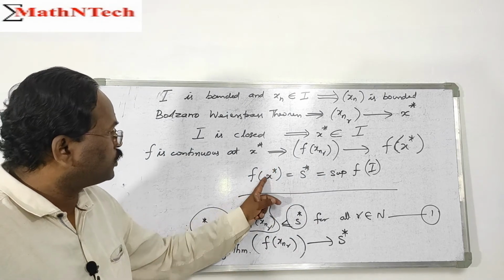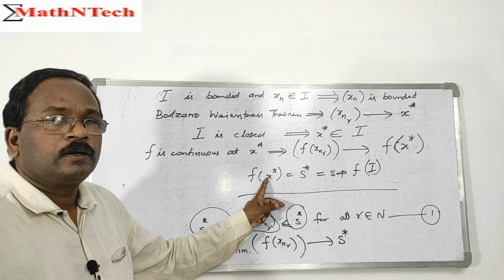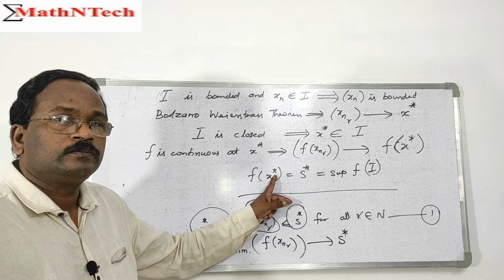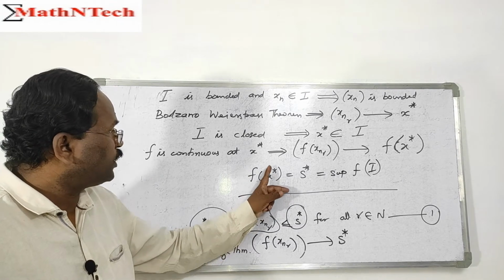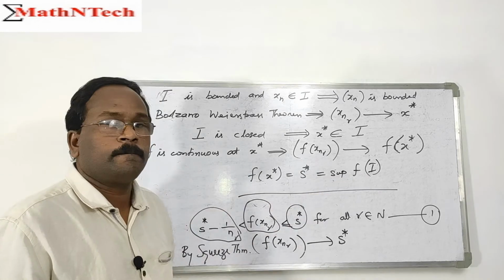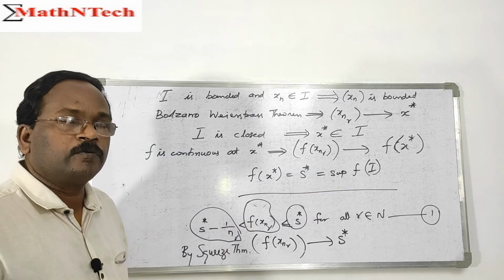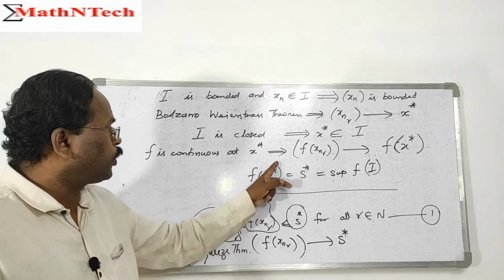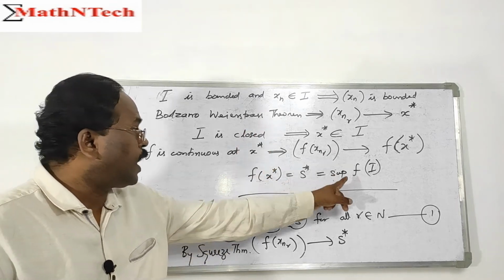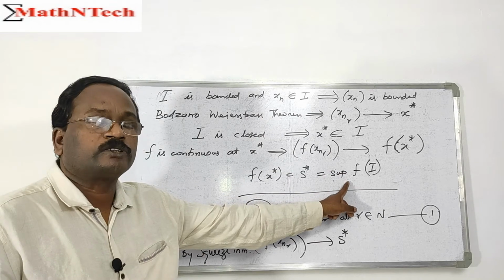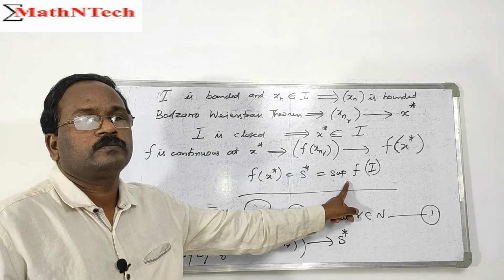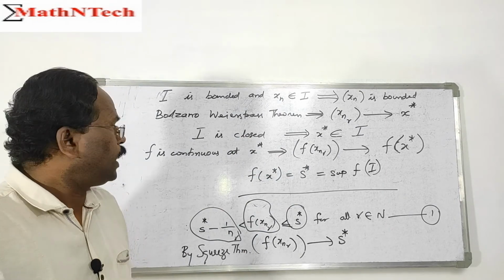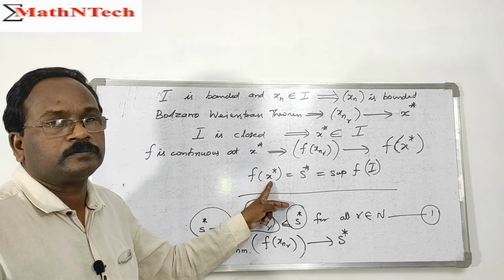So this x star is the absolute maximum point. f at x star equal to supremum. That means the f value at the point x star is the maximum value, or absolute maximum value. So we proved f has an absolute maximum value at the point x star.